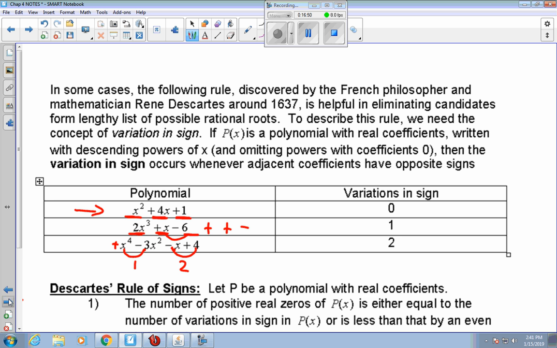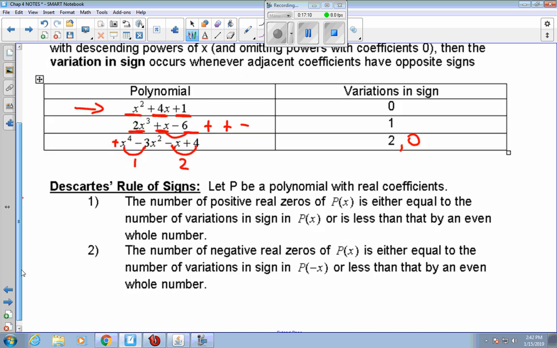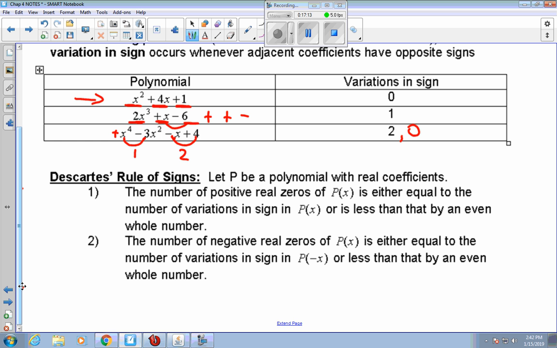Now, when you're looking for the roots, it will always be the number of variations in sign decreased by 2. So you could have the number of variations in sign or that number decreased by 2. So that would be 2 or 0 possible roots. And that's what this says down here with the rule of signs.